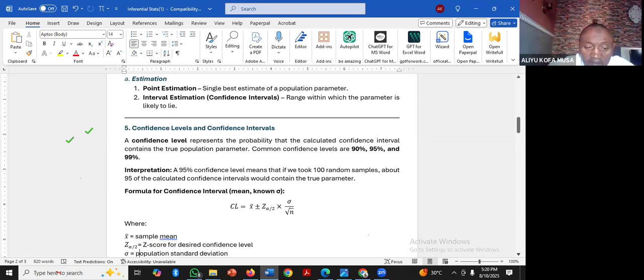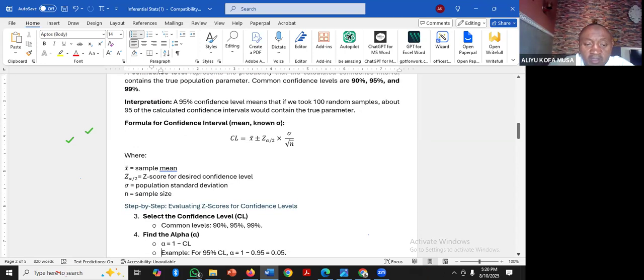What is the formula for this confidence interval? You must know the mean before you use this formula. So our confidence interval, don't forget please, we have confidence levels which are 90, 95, and 99.